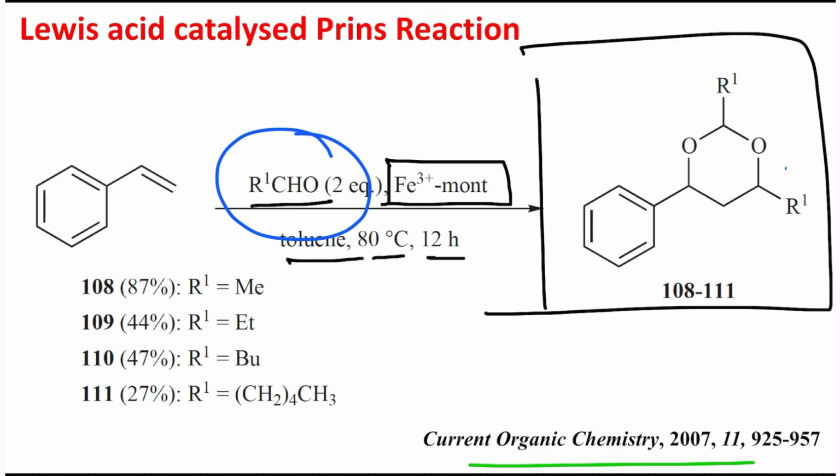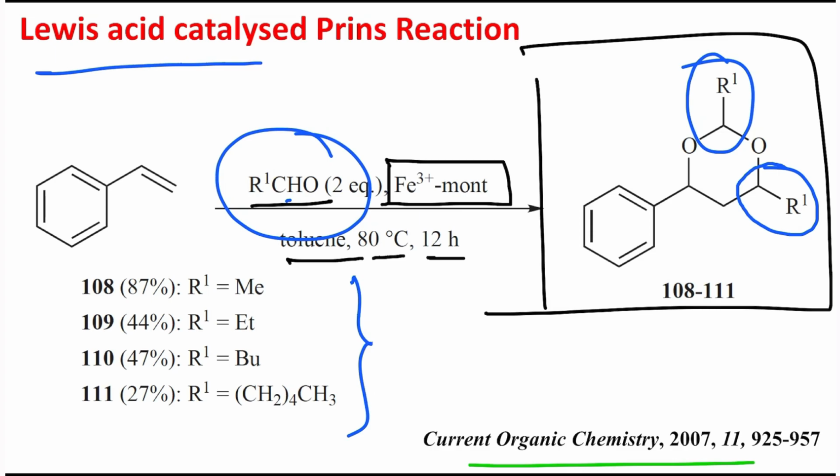One part of the aldehyde you can consider consumed here, another part is consumed here, meaning I am not showing the oxygen, just the R1CH carbon part. So in this way, and 4 examples are also done. So you can see that these could also be catalyzed by a Lewis acid.